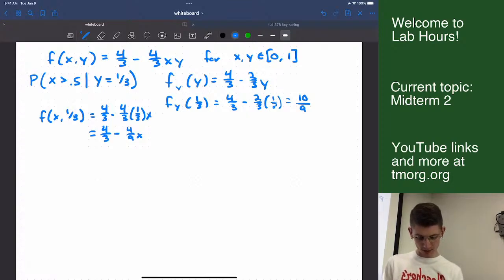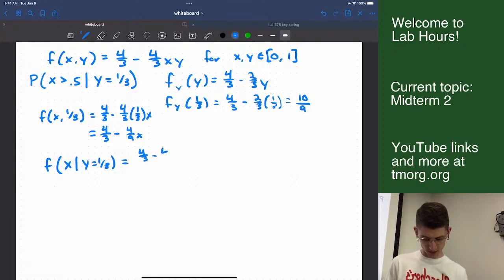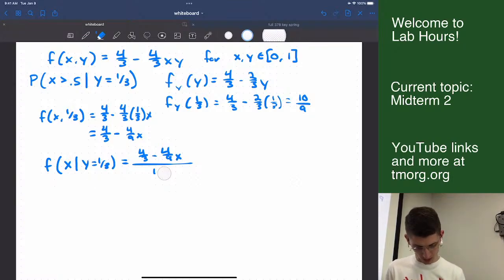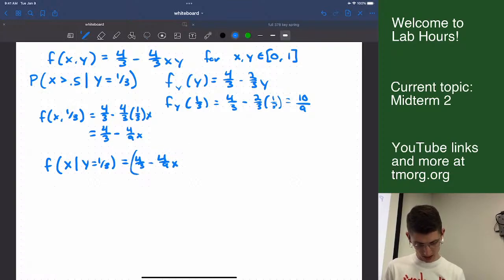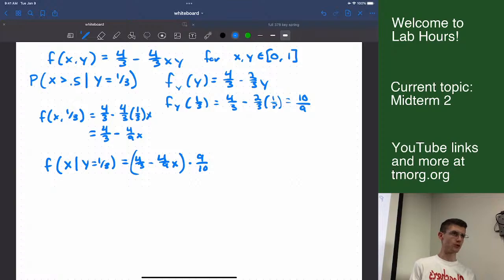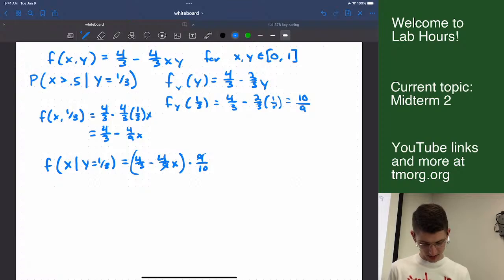So my conditional probability, f(x given that y is equal to 1/3), is going to be equal to 4/3 minus 4/9 x over 10/9, which means it's also going to be equal to this fun little thing I just drew right here in parentheses times 9 over 10, because dividing by a fraction means you can multiply by its reciprocal. Everybody remembers this, right? And so what we'll do, this 9 cancels here.